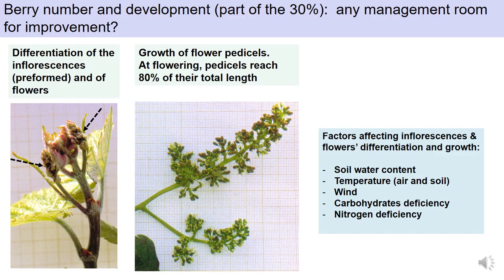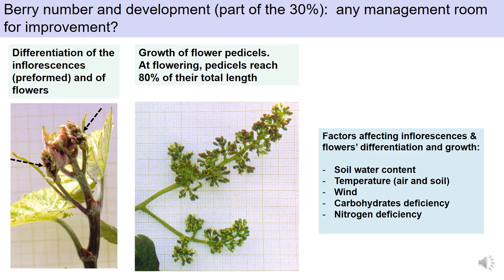This slide is showing the first stages on the left-hand side of the development of the inflorescences on the primary shoot, and the second photo is showing one inflorescence at flowering stage. Keep in mind, and it's very important, that from bud break to flowering and fecundation, the carbohydrate reserves are crucial because the vine is living on its carbohydrate reserves, which have been refilled the previous year.